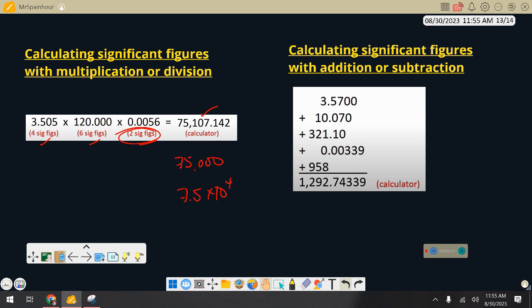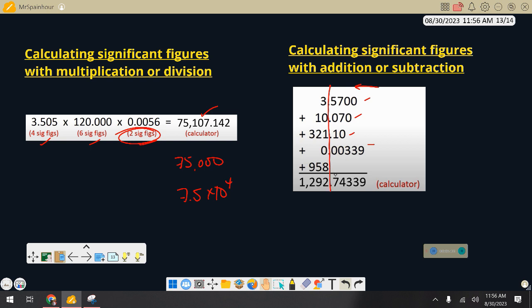When dealing with addition and subtraction, the rules are a little bit different, but pretty close. I like to line it up vertically like this because what you're doing is going from right to left and finding the place with all significant numbers, or at least where most of them are. So in this particular case, you'll see our significant numbers come out here on this one, and we only got 2 places here, 3 places there, 4 places there, but this is limiting the ones, so that is where it is limited.